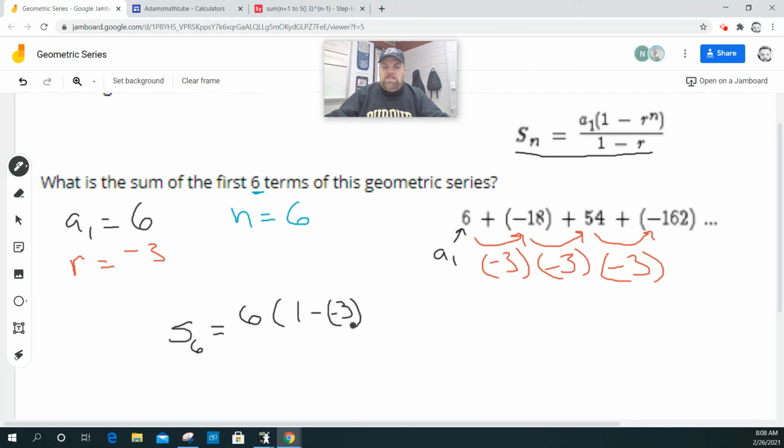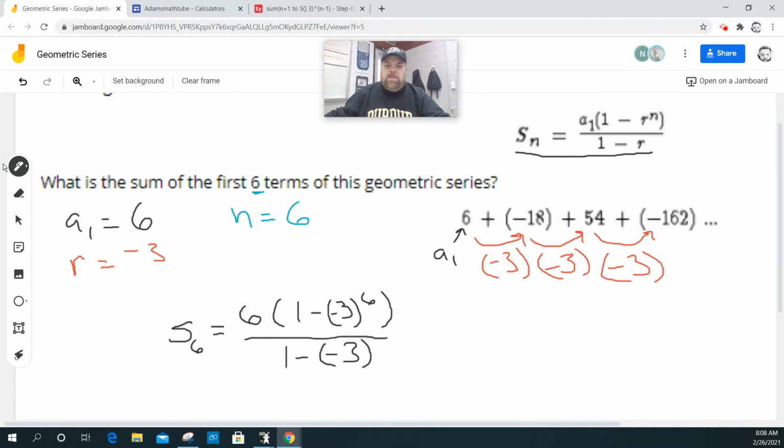And you got to write it this way, otherwise it won't work. Raised to the 6th power all over 1 minus the common ratio, which is this.